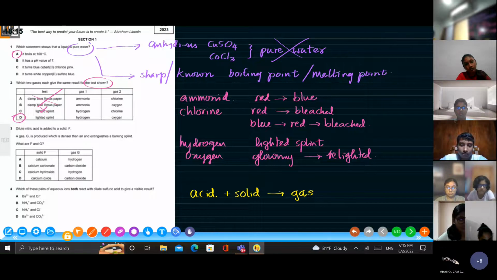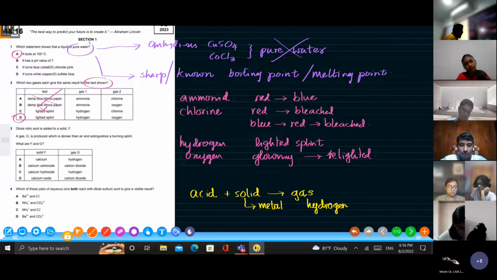What are the three types of solids that can give you a gas? Metal, very good. If it is a metal, what's the gas? Hydrogen.